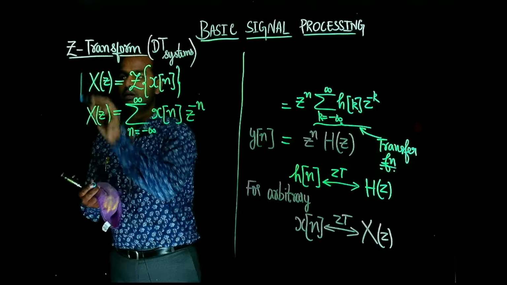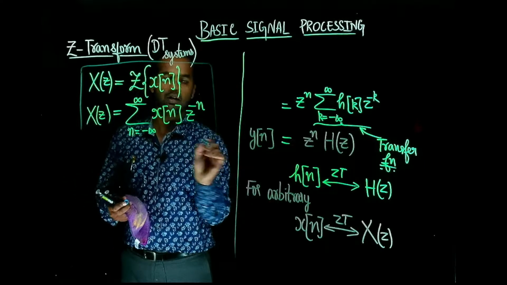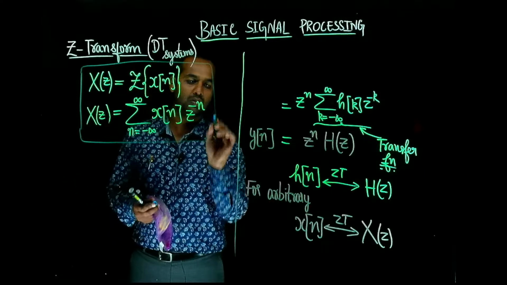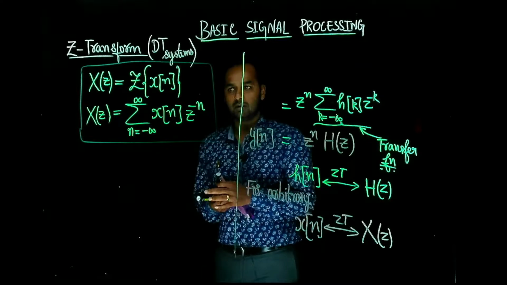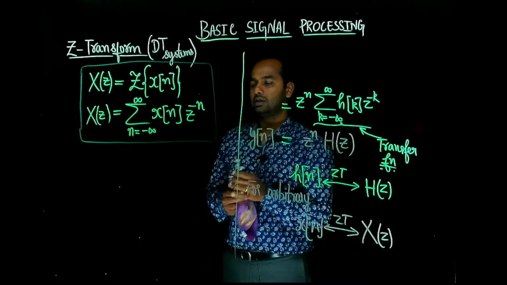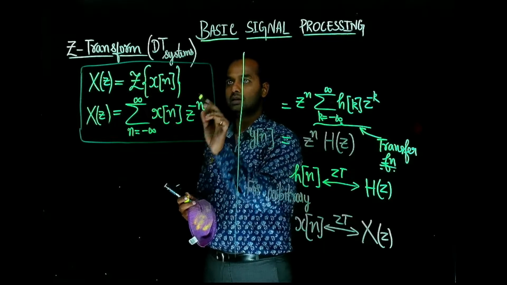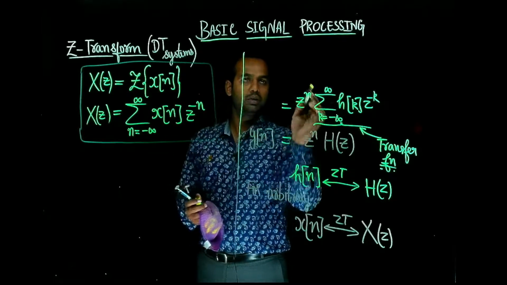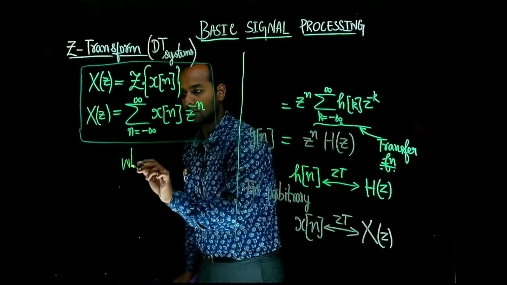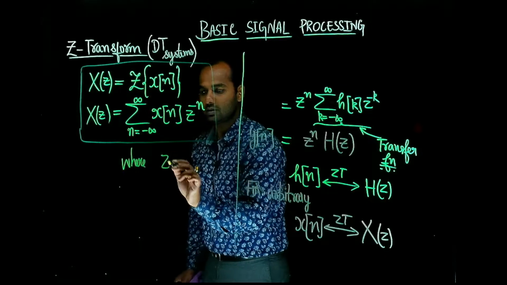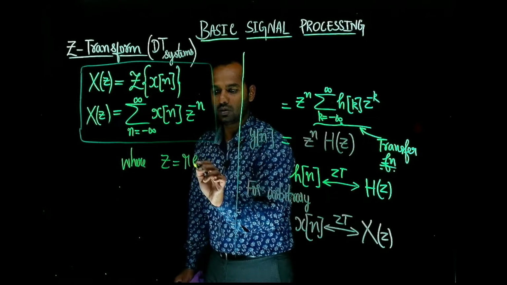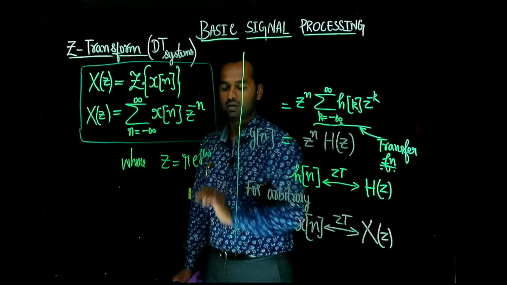Using this starting equation, we will try to find out the region of convergence, where exactly the Z transform is valid, because we know that z equals r into e power j omega. Let me also note that here, where z is r into e power j omega.